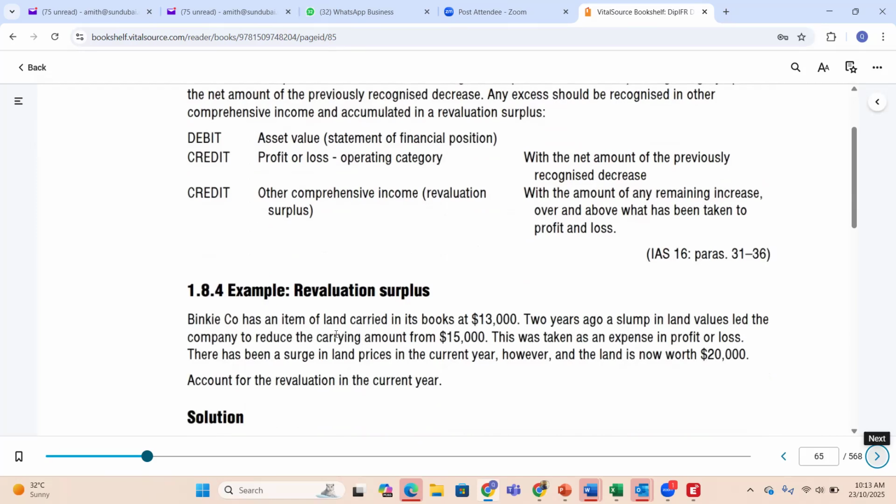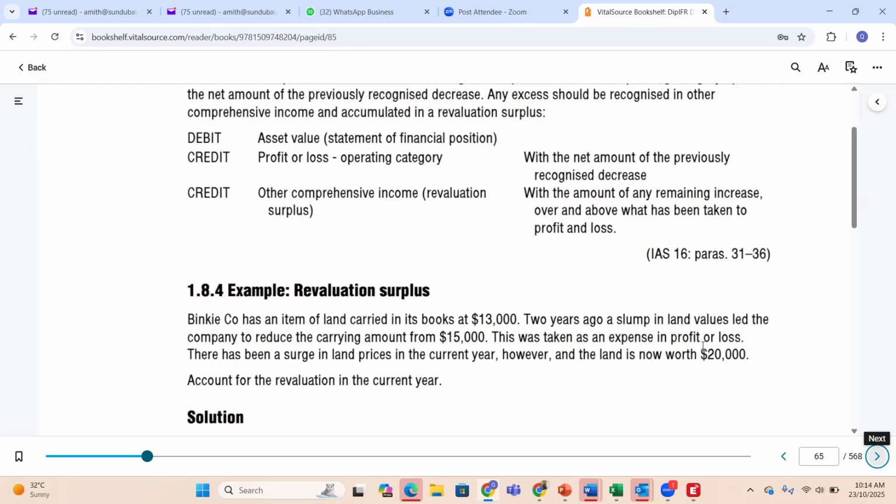Binky Co has an item of land. See, it is a land. So whenever you see land, what should you do exactly? It's very important. Carried in the books at 13,000. 2 years ago, a slump in land values led the company to reduce carrying amount from 15,000. Okay, it was 15,000 2 years ago. Now the carrying value is 13,000.